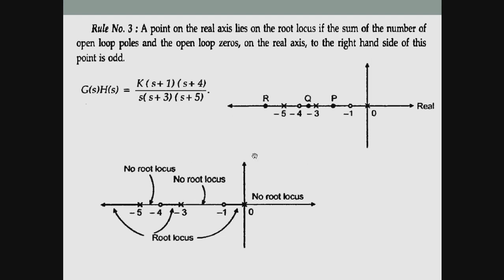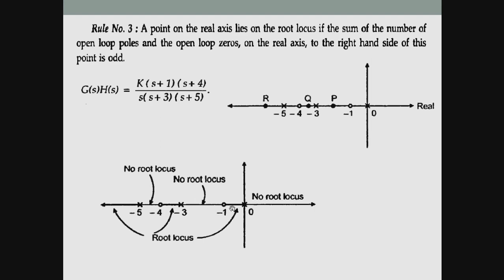Okay, so now what does this rule say? Let us say I am taking a point between minus 1 and 0.